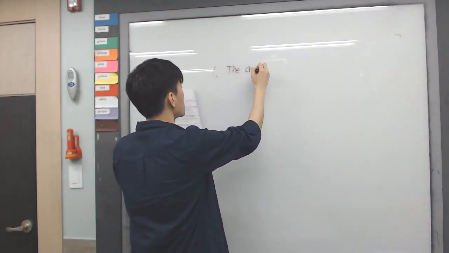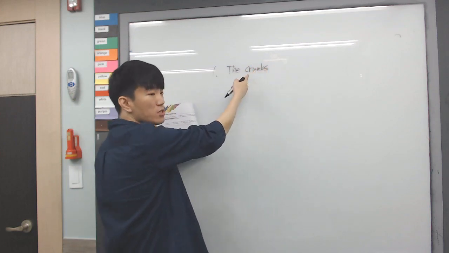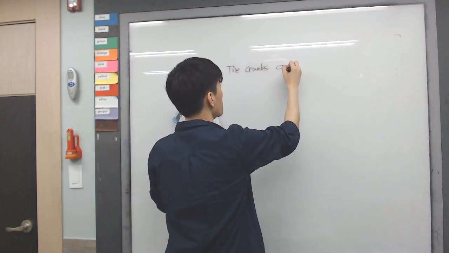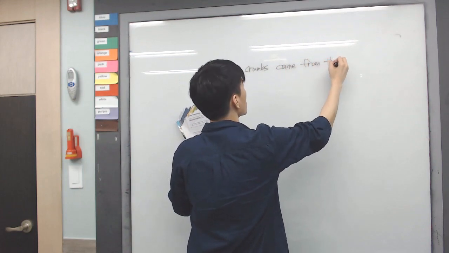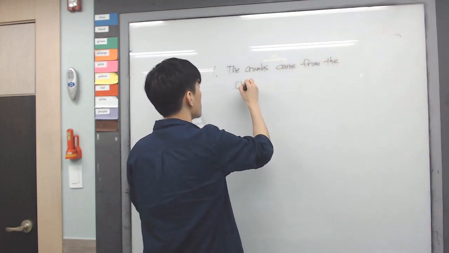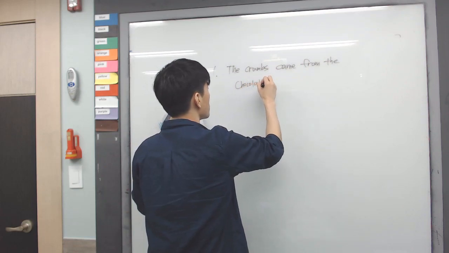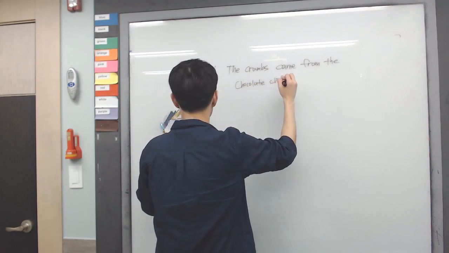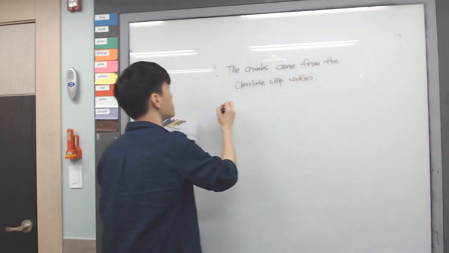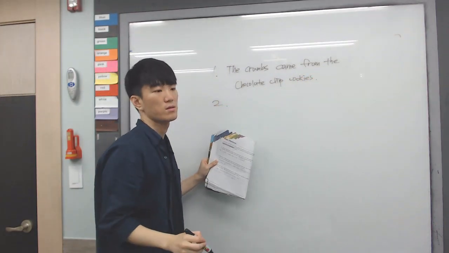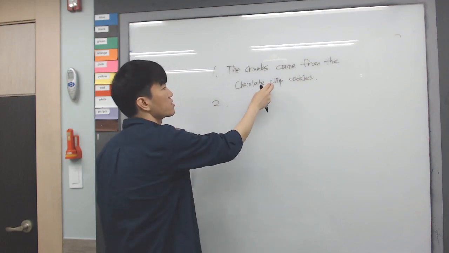The crumbs, these are cookie crumbs, came from the chocolate chip cookies. These crumbs came from chocolate chip cookies.